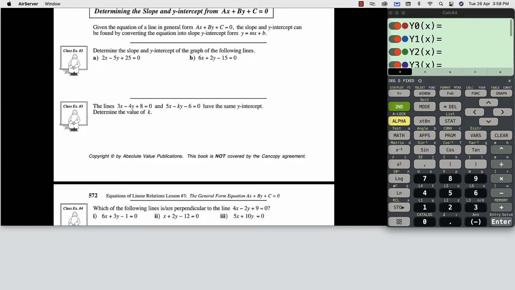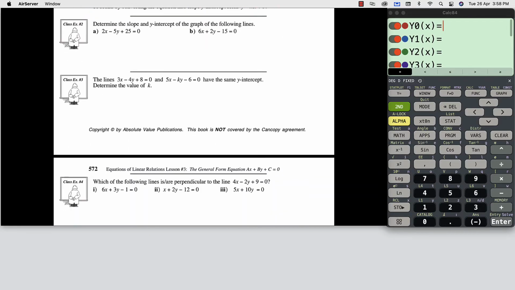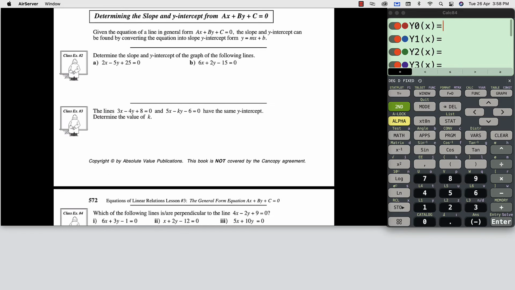Okay, so what we're going to do is first rearrange this, and in this case I want the y to be positive, because we're always like positive y equals whatever x plus the constant. Okay, so in this case on A, y is negative, so I'm going to add 5y to both sides.